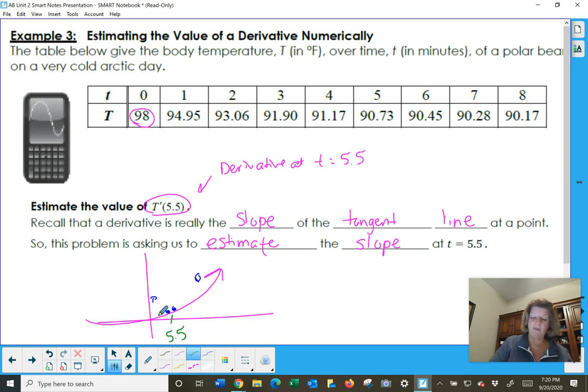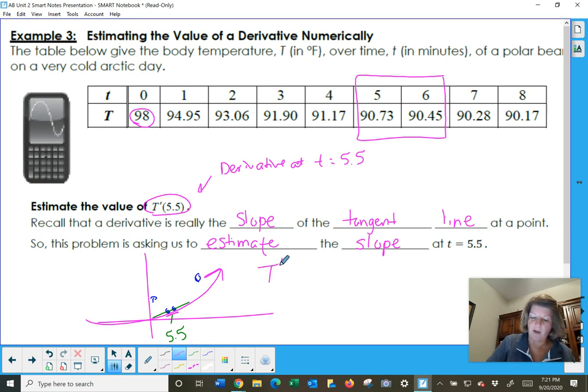And then I can calculate the slope of the secant line to estimate the slope of the tangent line. The tangent line being the line right underneath there at 5.5. So I'm looking over here. I can use the temperature value at 5 and the temperature value at 6 and get a good estimate of what 5.5 would be.